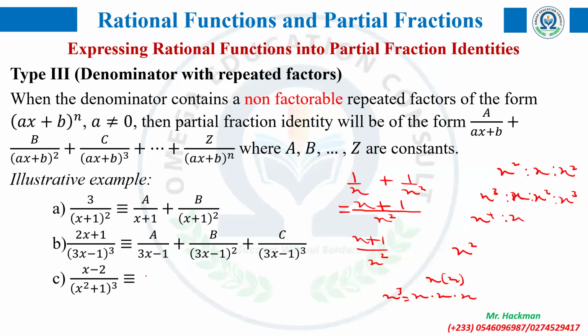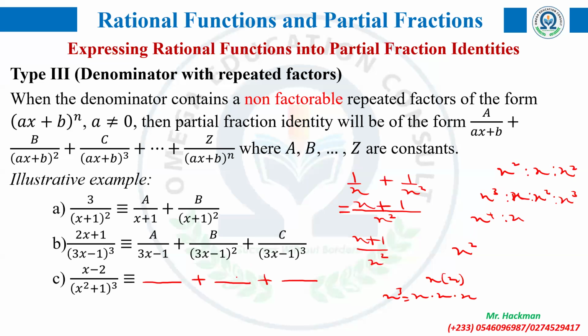But we know that the power of the repeated factor will tell us the number of fractions. So how many fractions are we going to get, maximum? 3. So I know that I'm going to get one fraction plus another fraction plus another fraction, all correct?